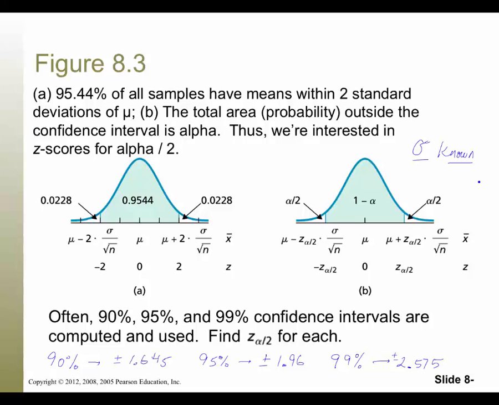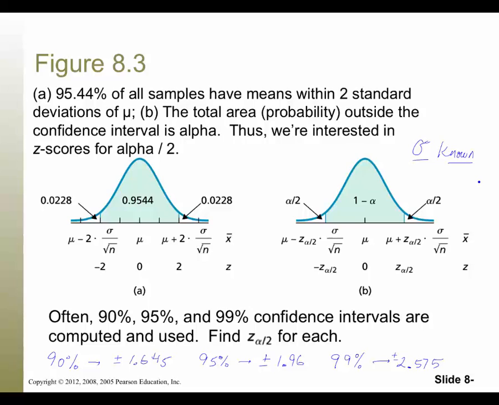And if we want more confidence that we have a range that the population mean is in, does that mean less precision or more precision? If we want a wider interval, more confidence that we have an interval that mu is in, that's less precision, because it's a wider interval.